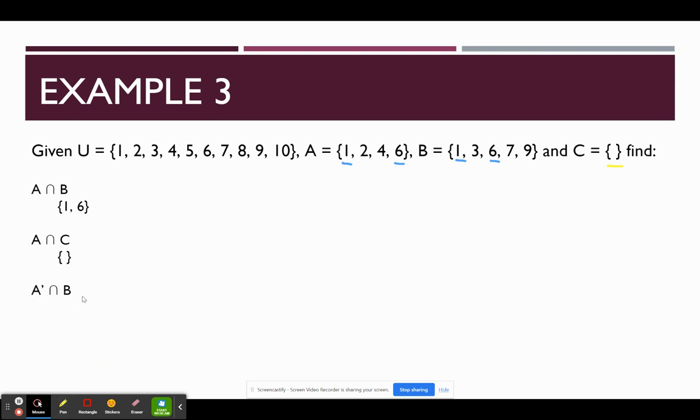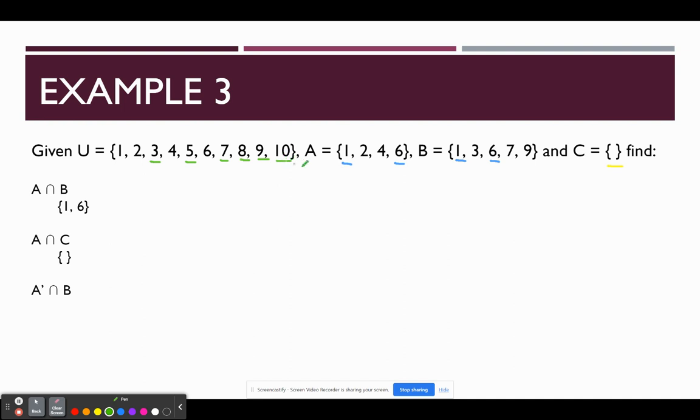Then the complement of set A and its intersection with set B. So whatever is not in set A, let me tag that up here real quick. The things not in set A are 3, 5, 7, 8, 9, 10. Again, diagramming would be nice.